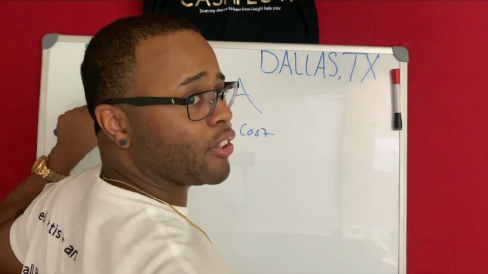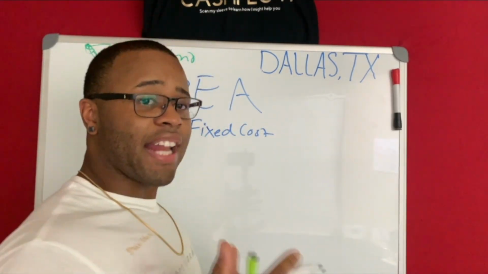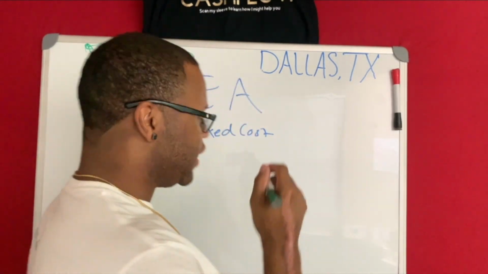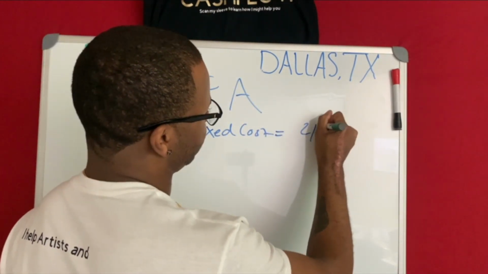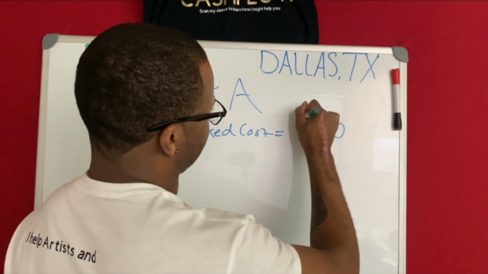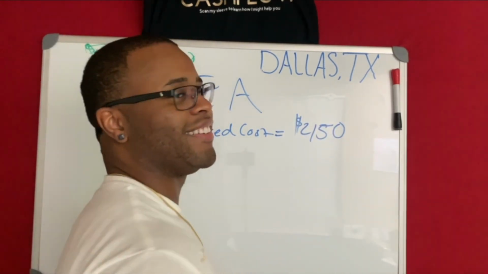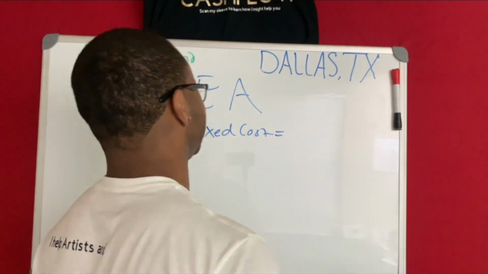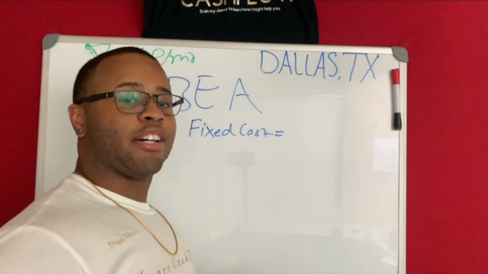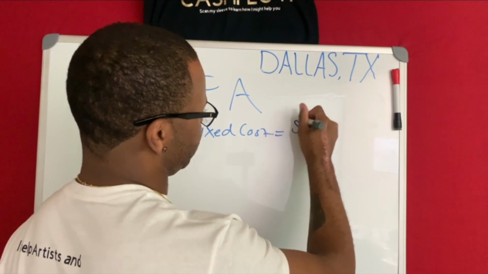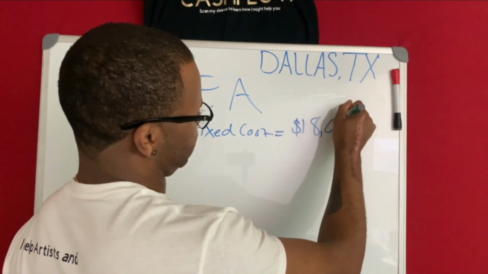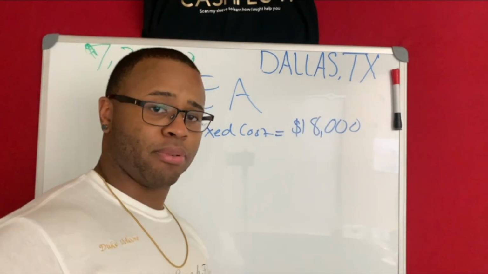including this, to produce that album, let's say that fixed cost us $450. No, not the album. Let's say the fixed cost for the album was around $8,000. $8,000 to produce the album.